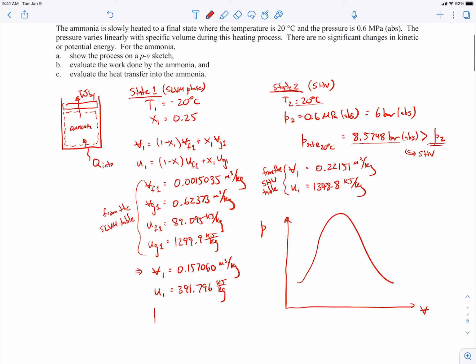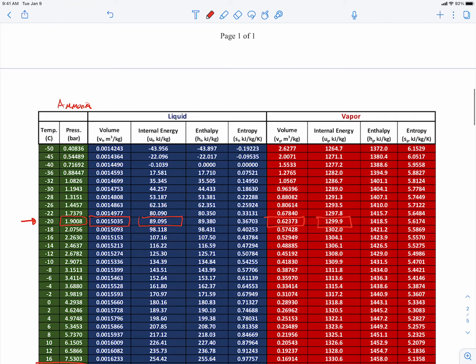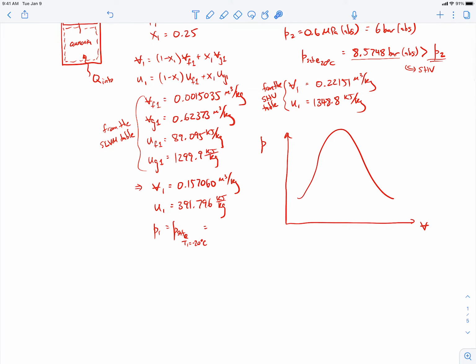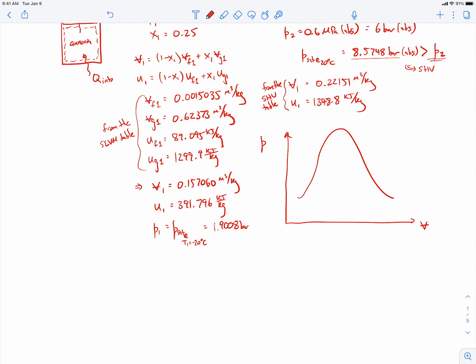So P1 is the saturation pressure at T1 equals minus 20 degrees C. Just going back to the table, that saturation pressure is 1.9008 bar. So state 1 will be somewhere down here, 1.9008 bar.